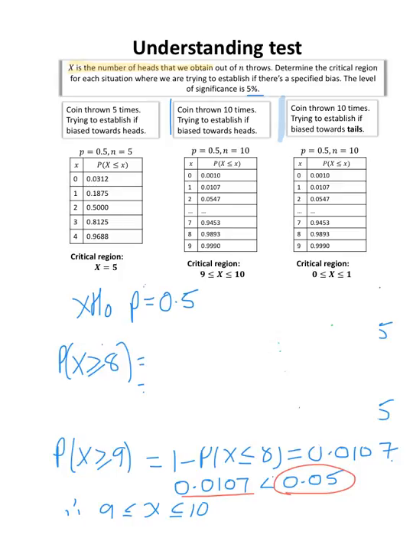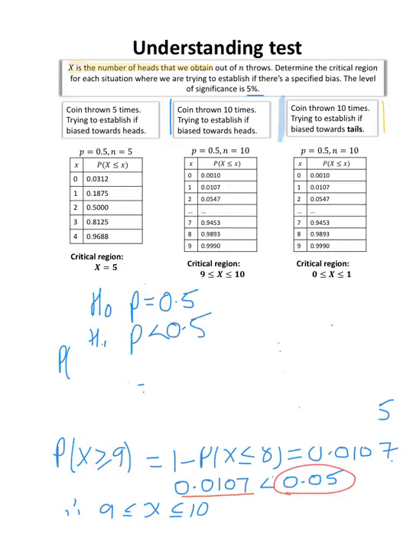In this last example, remember in this test we've been looking at the number of heads we obtain out of n throws. But in this question it says a coin is thrown 10 times and we're going to see if it's biased towards tails. If it's biased towards tails, that means the probability of it landing on a head is going to be less than 0.5.